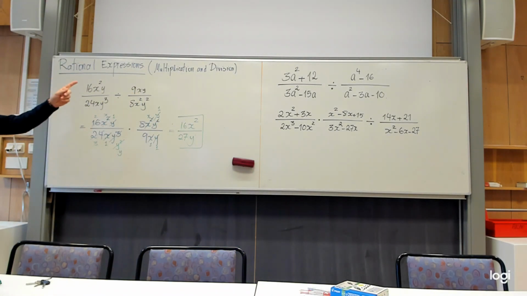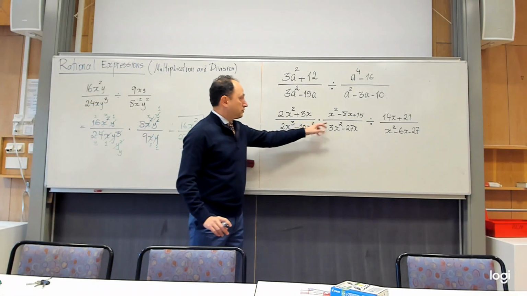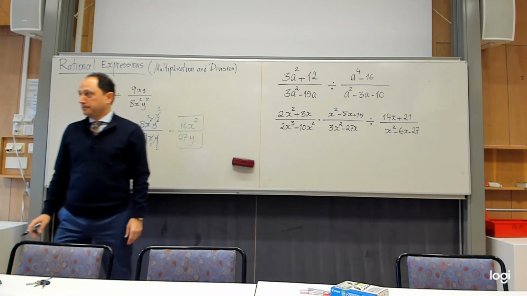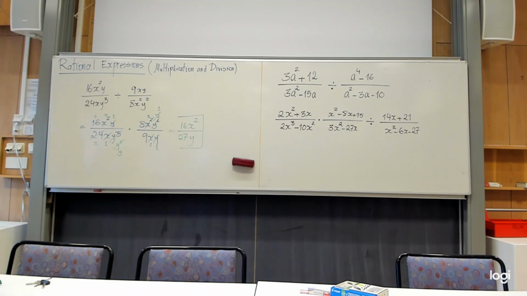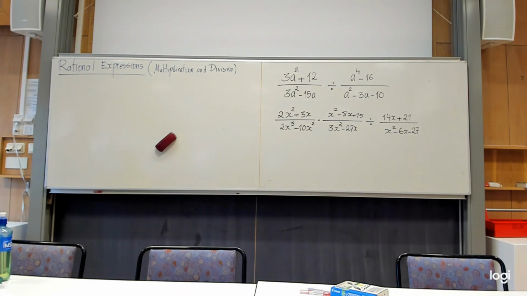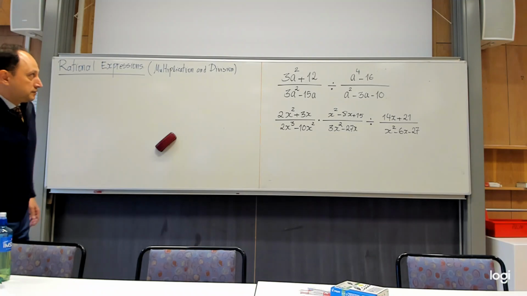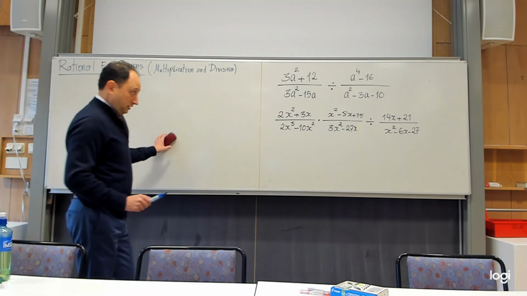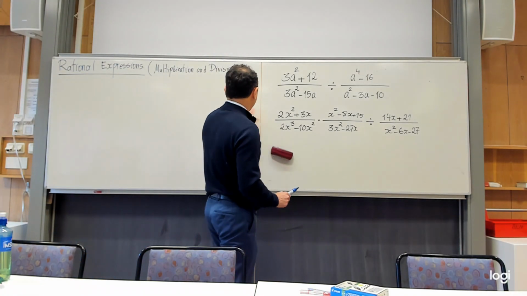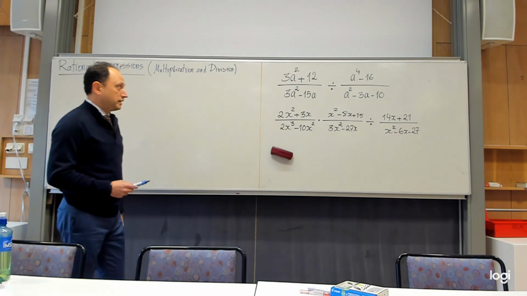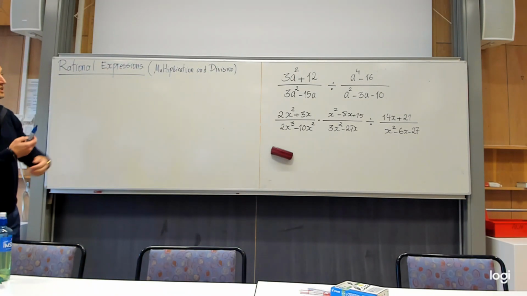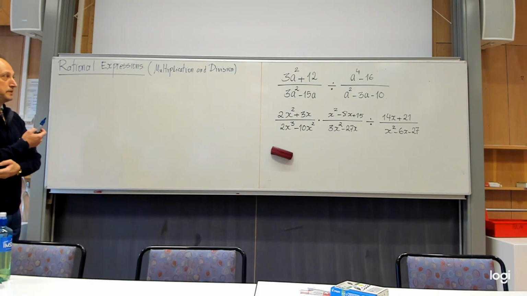If you finish the first one, do the second one. You need to understand what is the combination of a product and division in one problem. Okay, so let us at least see what is the first one. If you are sure that you have done the first one right, you don't need to listen to me, you can just continue doing that. But for the people who still have some troubles with the first one, just listen to me, okay?